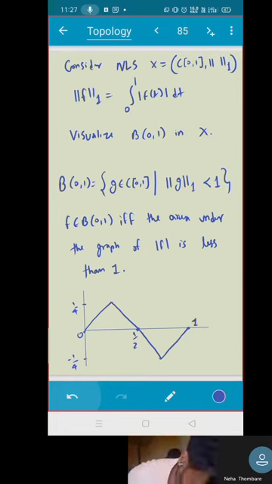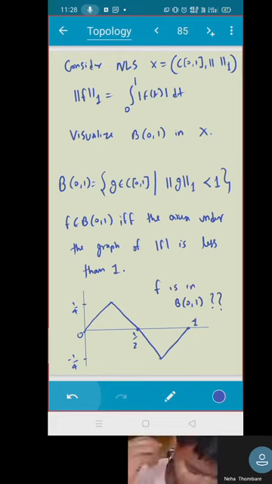So what do you need to see first? If you would like to check whether f belongs to B01 or not, the question is whether f is in B01. Can you tell me whether it is in B01 or not?